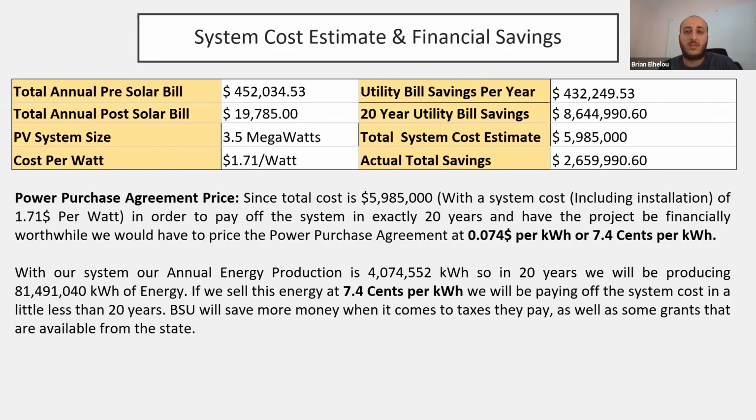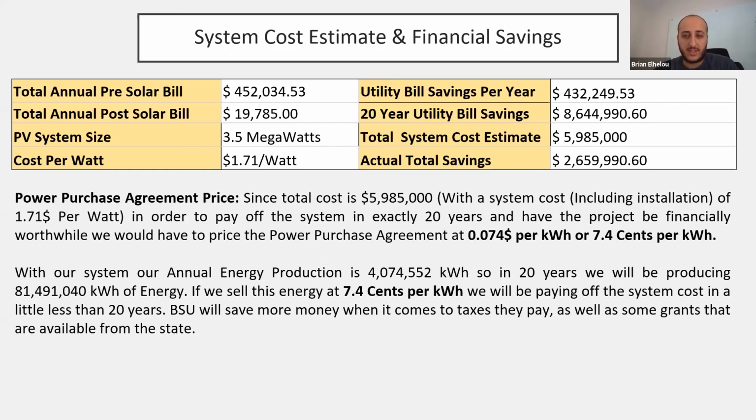The total system cost, including the storage batteries, would be almost $6 million. So the actual savings without any government or tax incentives would be the 20-year utility billing savings minus the cost, which is a little over $2.6 million.